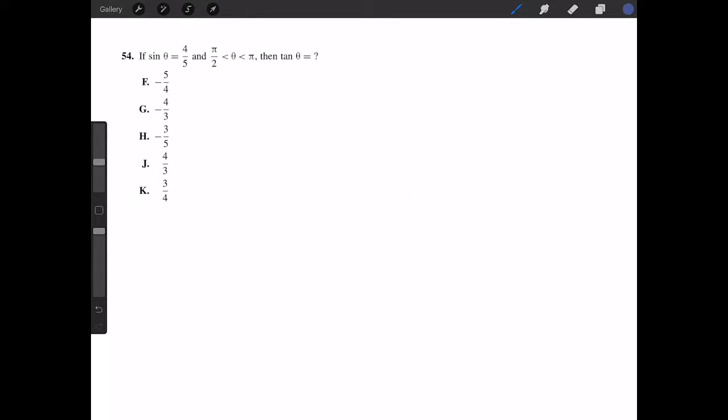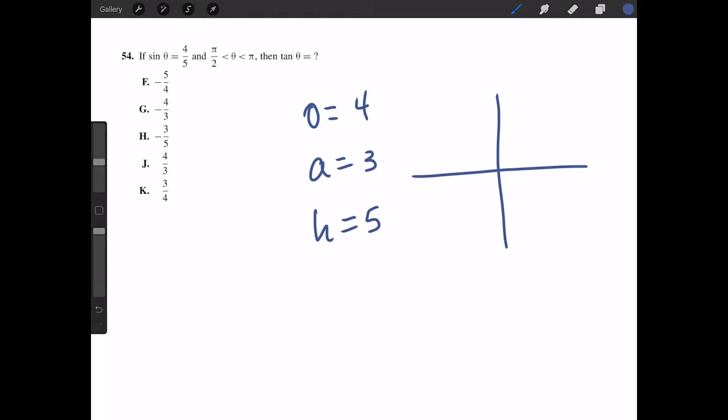So, given the fact that we know the opposite side measures 4, the adjacent side measures 3, the hypotenuse measures 5, and that we're talking about the angle lying in quadrant 2, we know that this is the right triangle that we're using, and this is theta. And so this would be 5, this would be 4, and this would be 3.